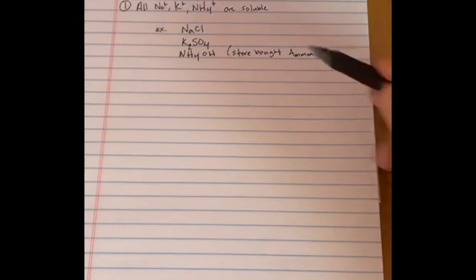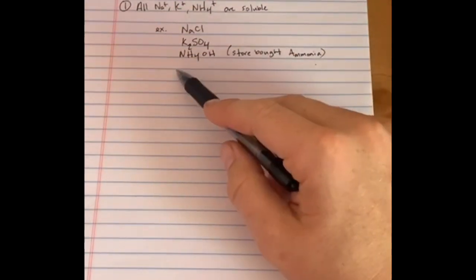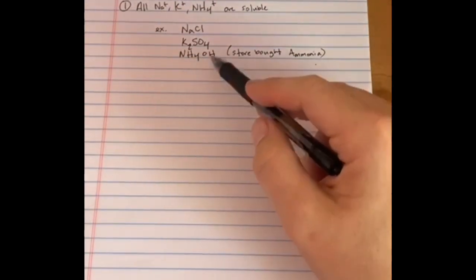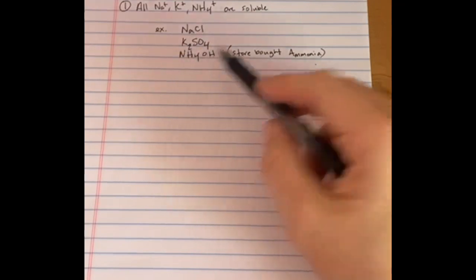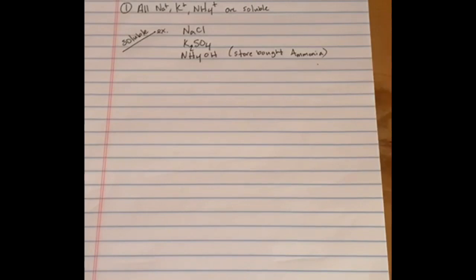So what they do is dissolve ammonia, NH3, into water to get ammonium hydroxide, which is pretty cool. Those are all soluble, meaning when we put them into a solution, they will dissolve in water.